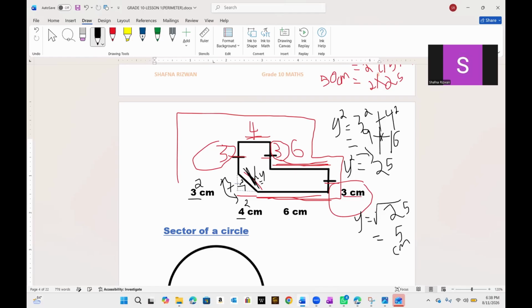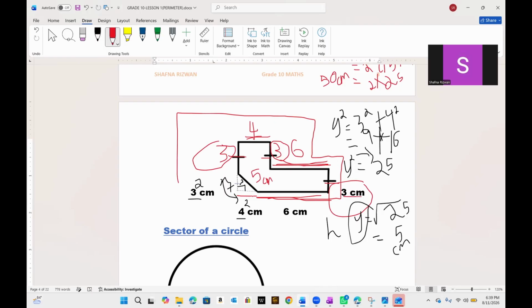This is your answer for y. So what is y? Your hypotenuse. Then this hypotenuse will become how much? It will become 5 centimeter. Finally we found out the value of this. The value of this will become 5 centimeter.